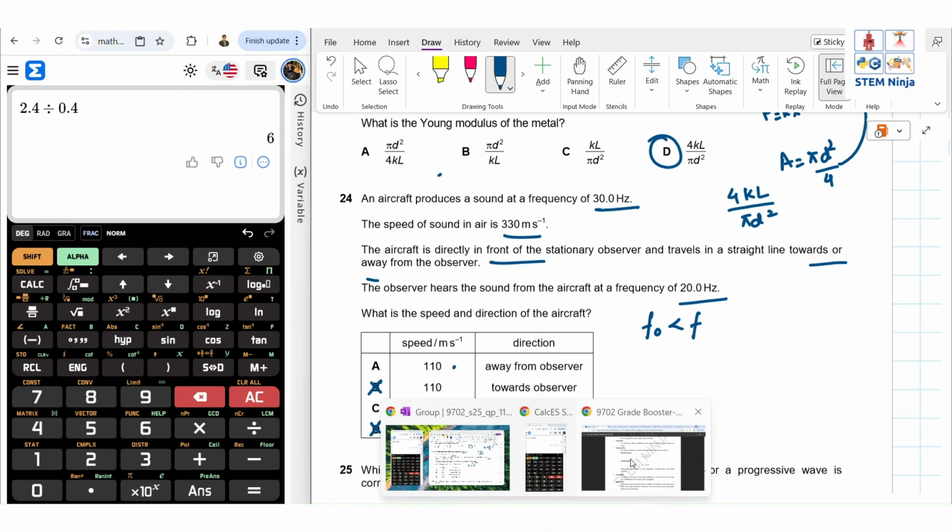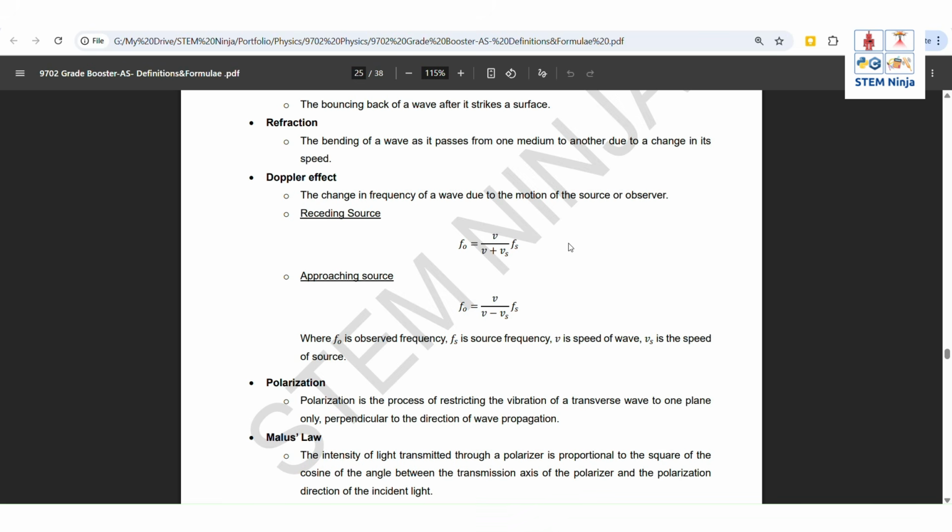So in the Definitions and Formulae booklet, for receding source, we already know that observed frequency is lower. We also know the source frequency. We just need to figure out what's the velocity of the source, which is Vs. V is the original speed of the wave, basically.